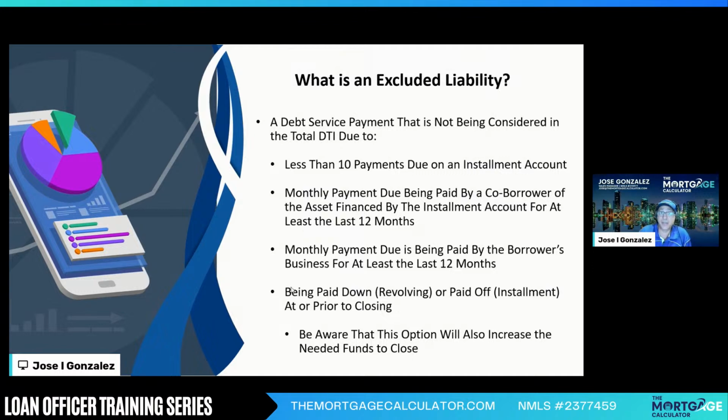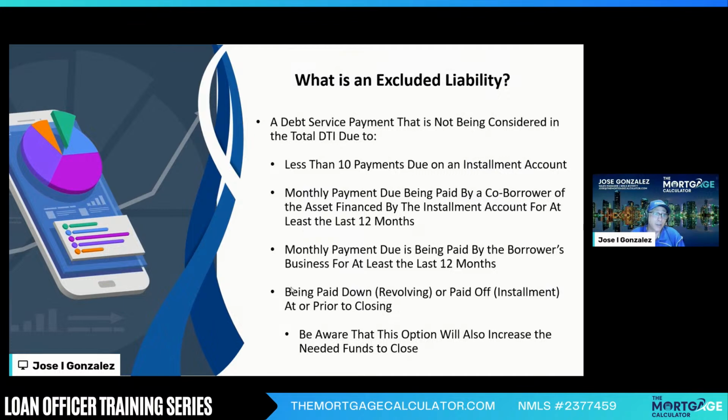And obviously, it has to be the borrower's business, not another business that the borrower doesn't own, because then we fall back into the same scenario where it is being paid by somebody else who doesn't have a vested interest in the property as a co-borrower, liable on the note for that asset. That's really what it boils down to.